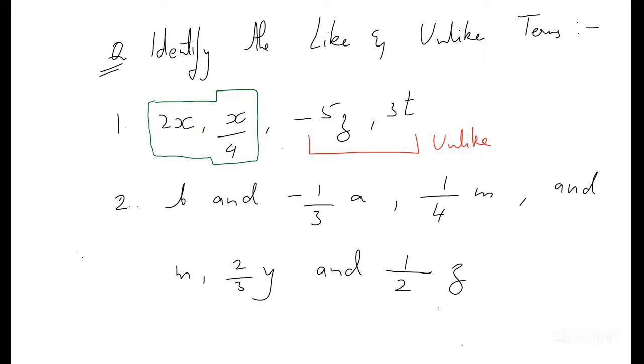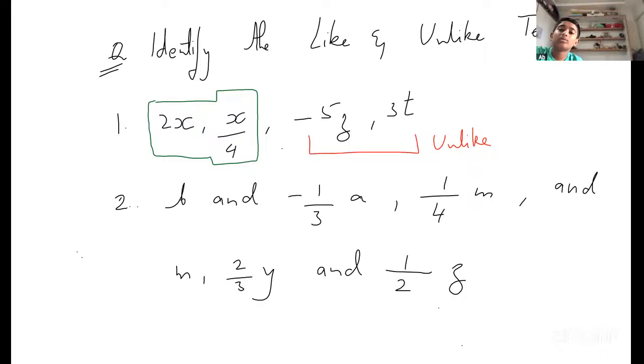Now take a look and tell me the second one. What two are like terms? 1 above 4 and 2 above 3. How can m and y be like terms, Nathaniel? Because m is a different variable. Okay, I see now.